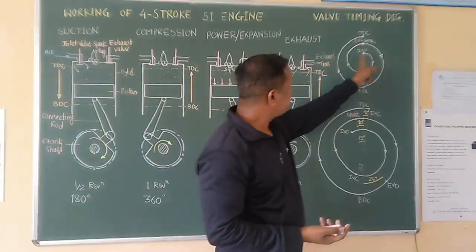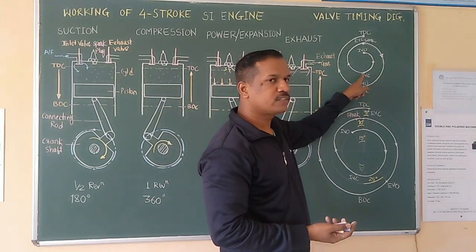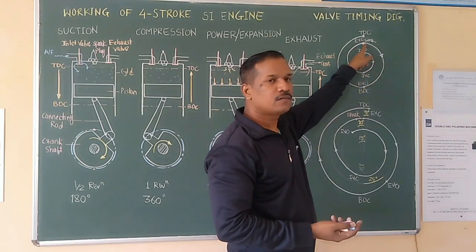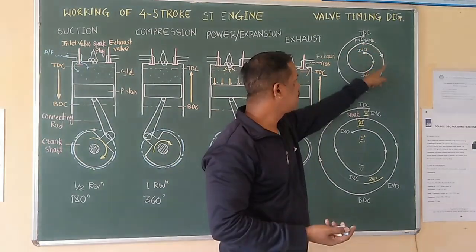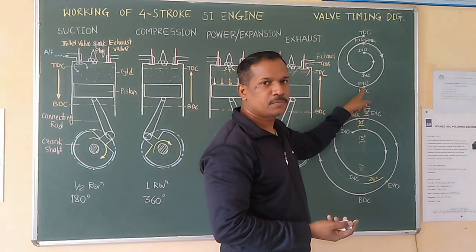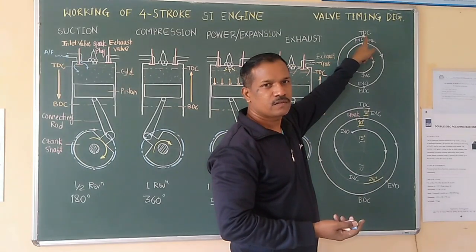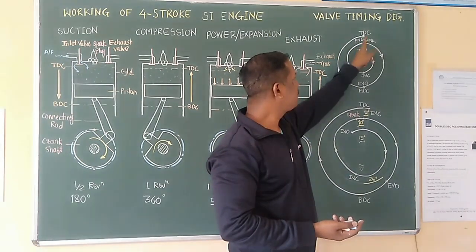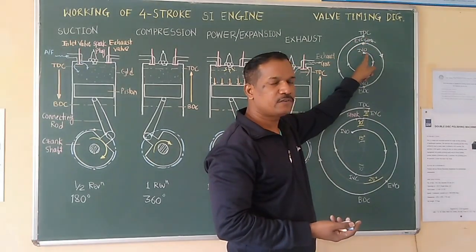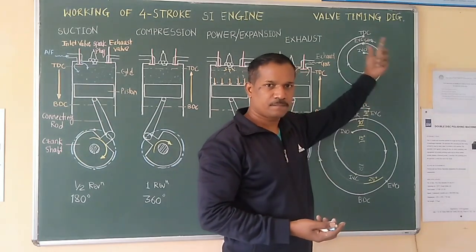Here we are saying inlet valve open, inlet valve closed, suction, then compression, spark produced, then expansion, exhaust valve open, exhaust stroke end, exhaust valve closed. Then from the same point, inlet valve opens and the second cycle starts.